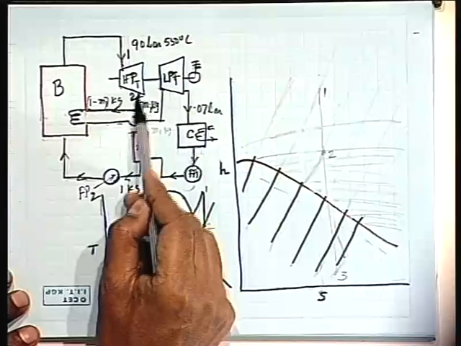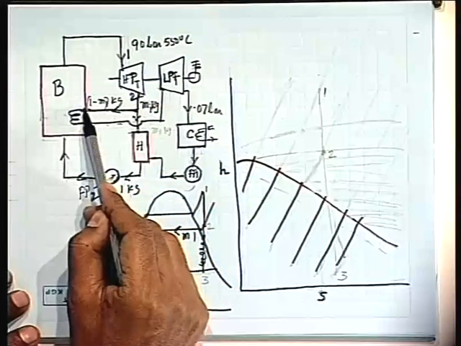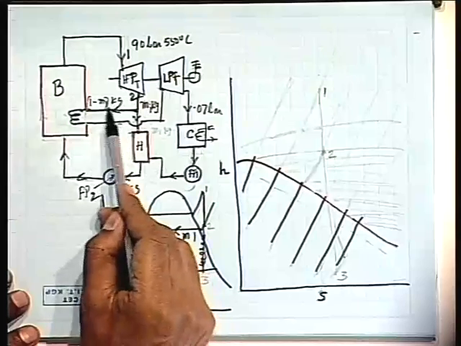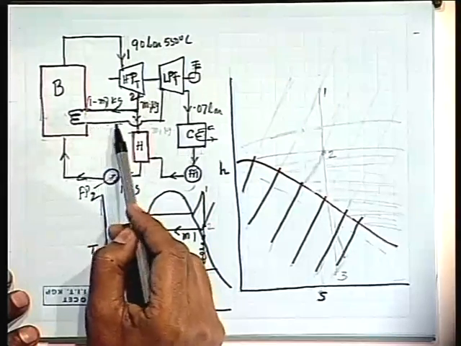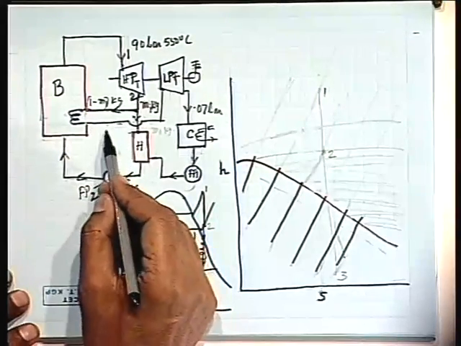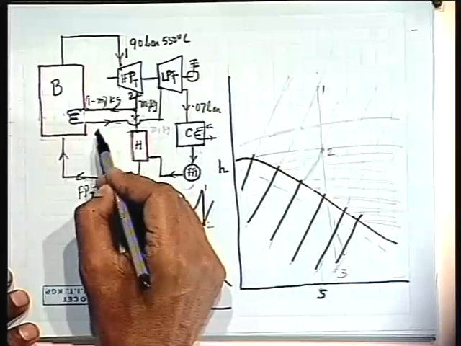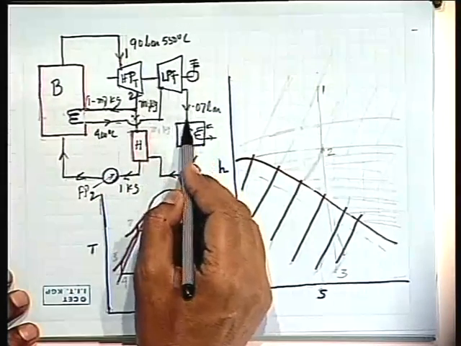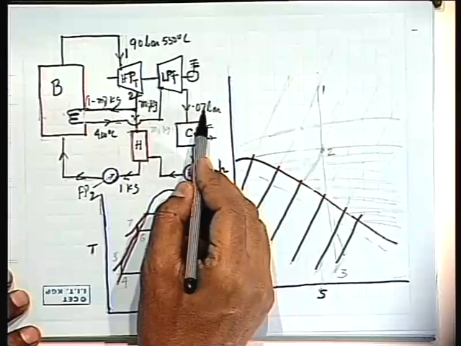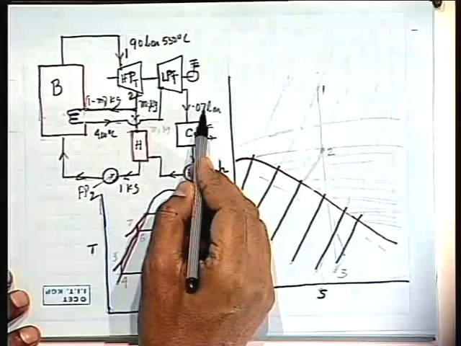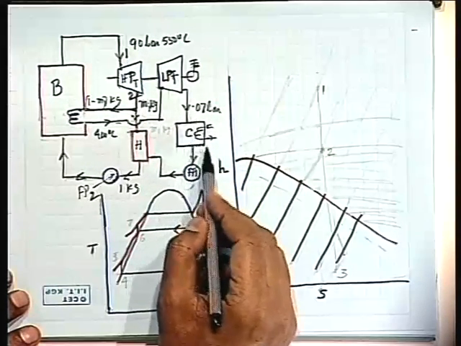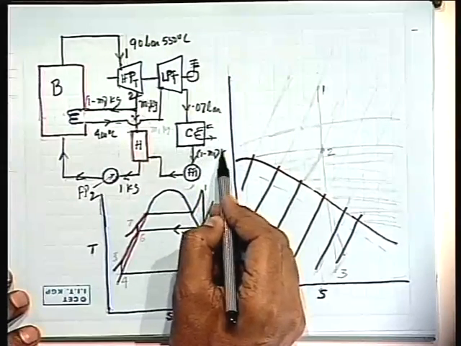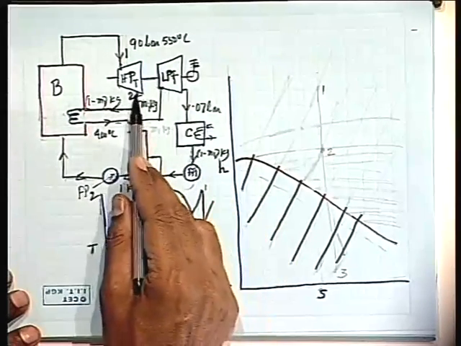So 1 minus M1 kg is reheated to 400 degrees Celsius. This goes to the LP turbine and is expanded to 0.07 bar. Clear? Then the 0.07 bar condensate, 1 minus M1 kg, is pumped to pressure P2.